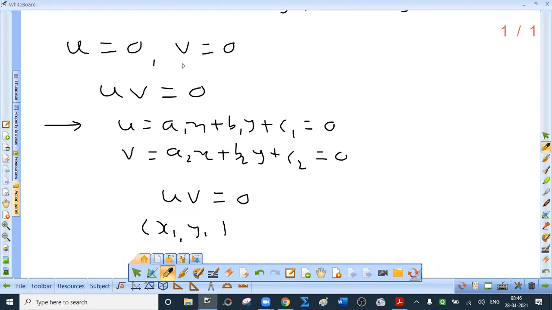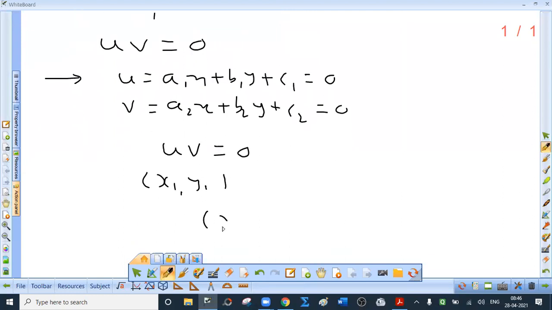Similarly, every point on the other line v equal to 0 will also satisfy the equation of the locus uv equal to 0. Is that clear?